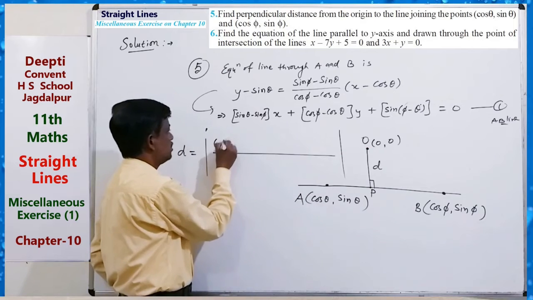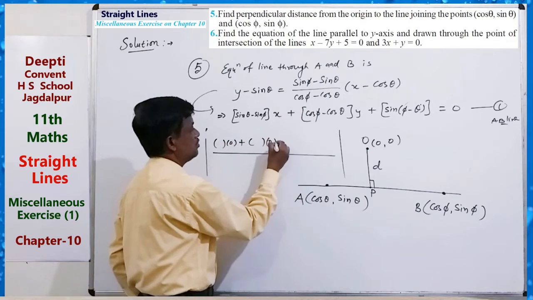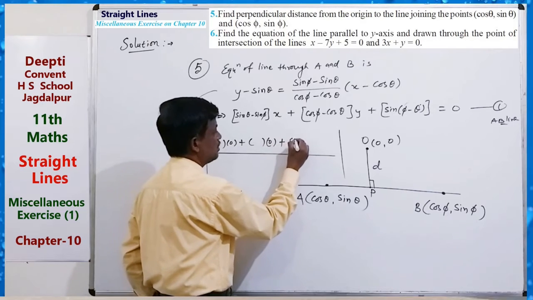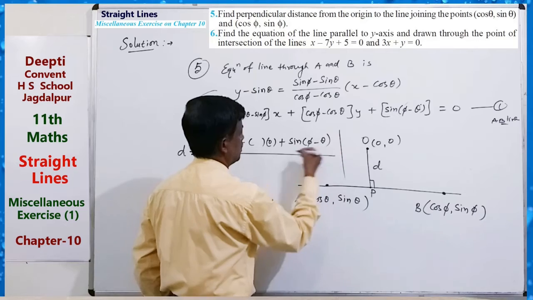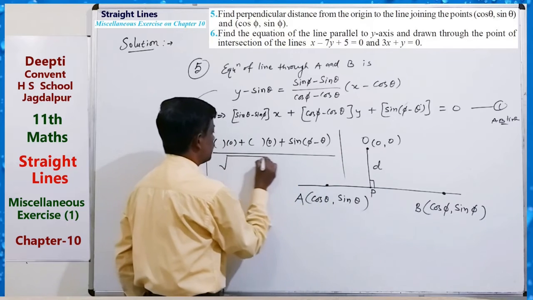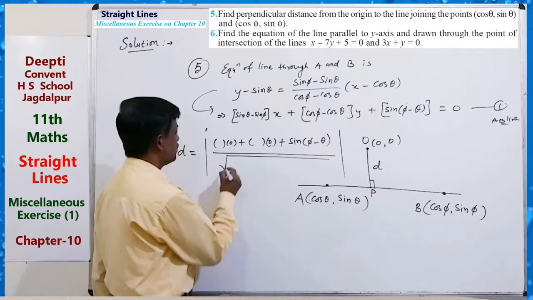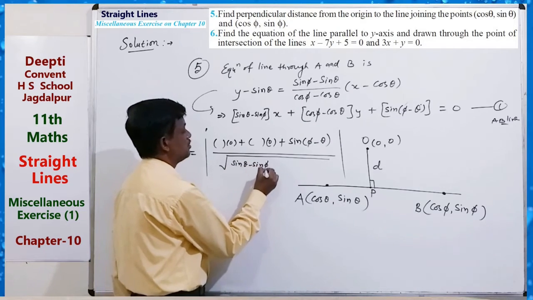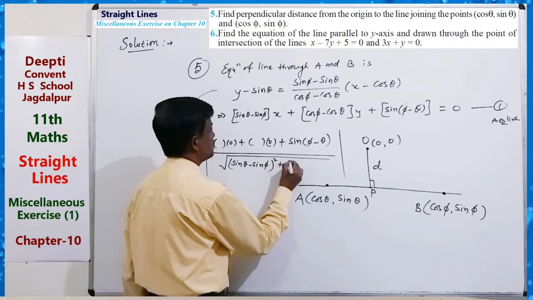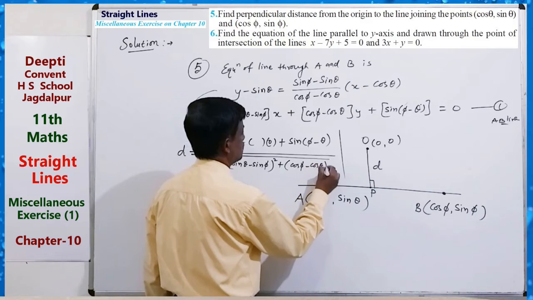So this into 0 plus this into 0 plus sin phi minus theta, upon root over the squares of the coefficients: sin theta minus sin phi whole square plus cos phi minus cos theta whole square.